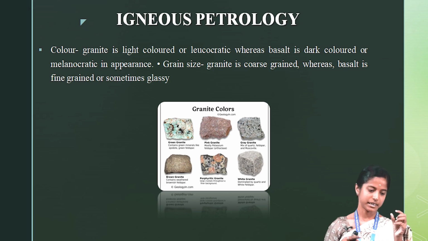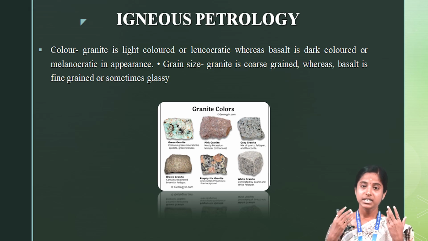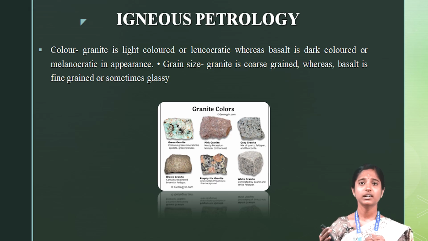The crystals in granite are prominent, so we can see them with the naked eye. But in basalt the structure is glassy to fine, so no crystals are seen with the naked eye. We can see them in a petrological microscope.